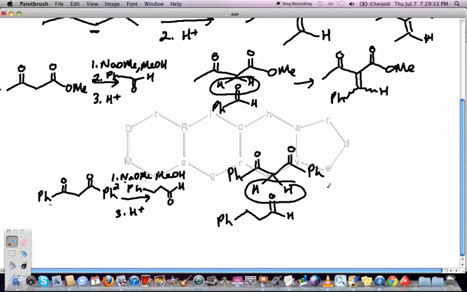So we do the same pattern. And what you can see here is that we have, again, symmetry about this carbon of the double bond, which means that no cis and trans isomerism is going to be possible. And that's how we would represent the product.